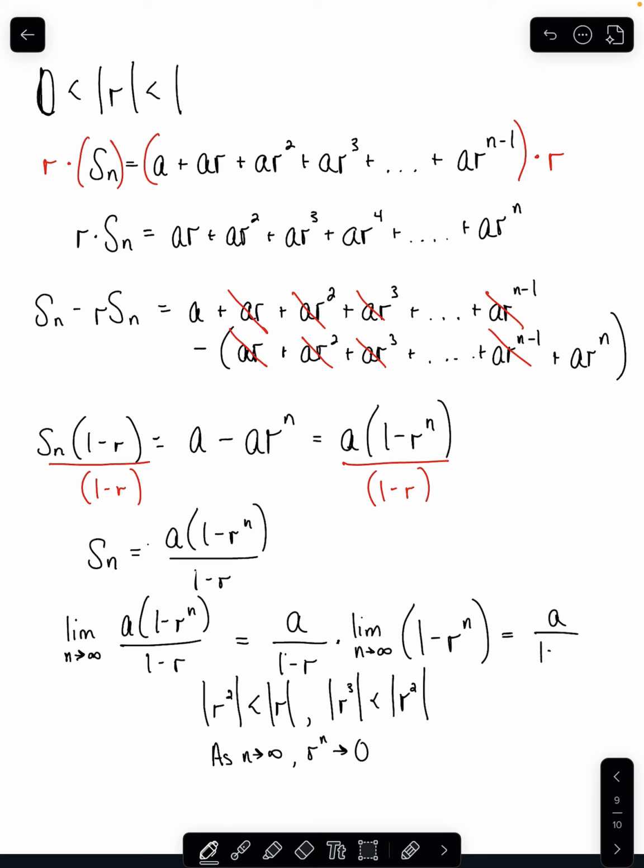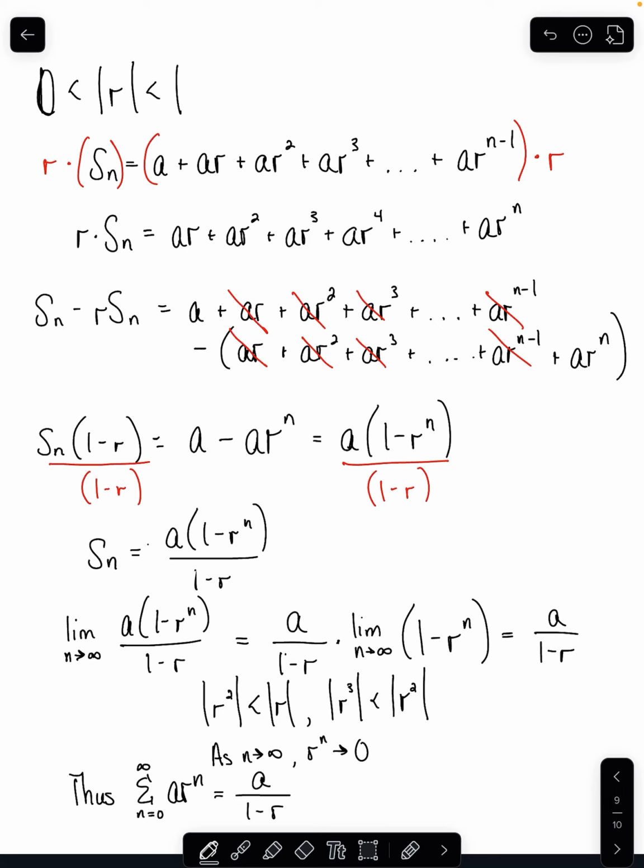So what I'm left with is a over 1 minus r. Thus, the series converges to a over 1 minus r, provided r is smaller in magnitude than 1.